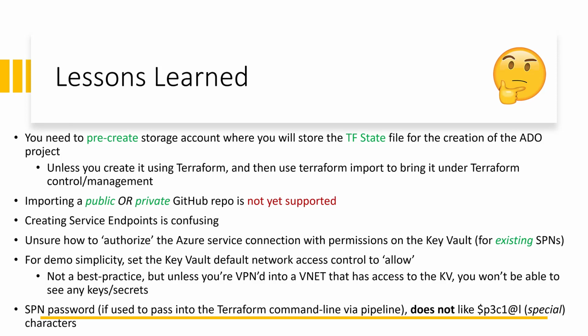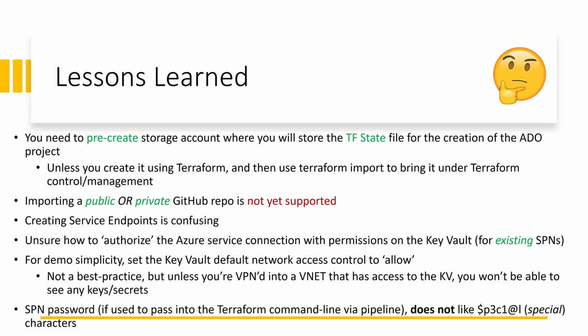First and foremost, you need to pre-create your storage account where you're going to store your Terraform state file specifically for the creation of the Azure DevOps project, right? There's other ways of doing this where you want to use Terraform to create the storage account, but then you're going to have to use, from the command line, Terraform import, get the resource ID of that specific object, and bring that under Terraform management to be all up Terraform controlled.